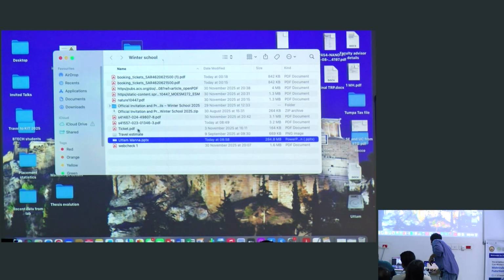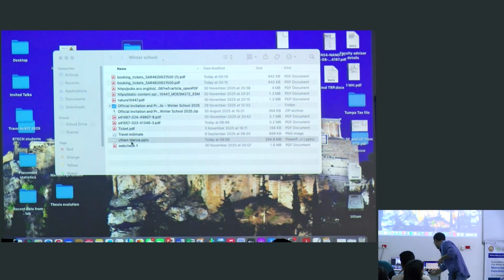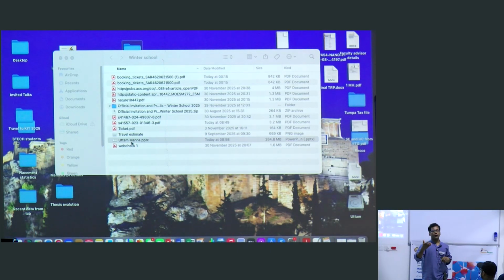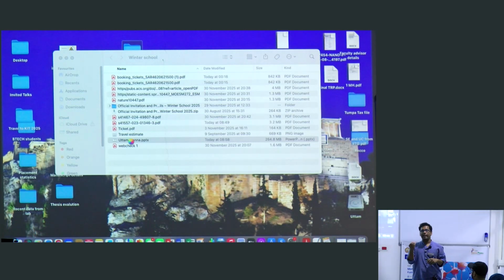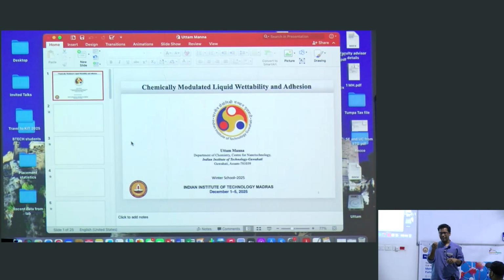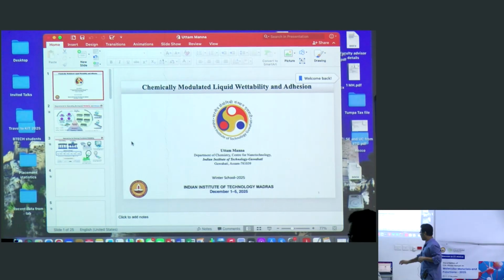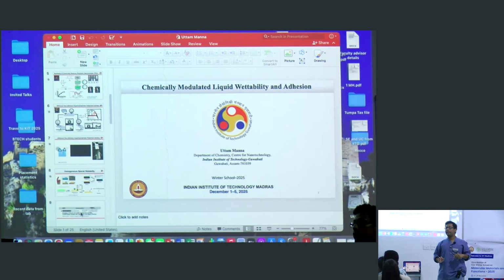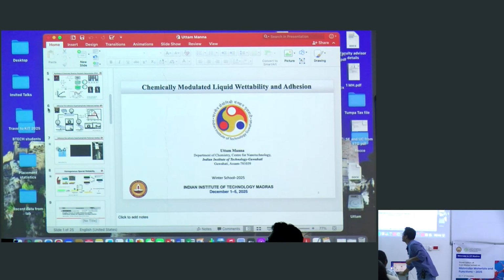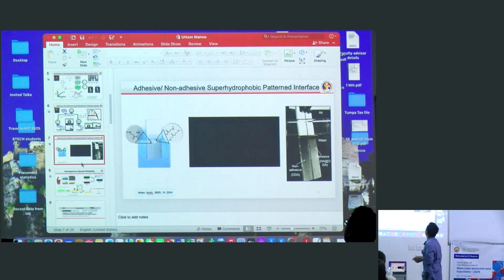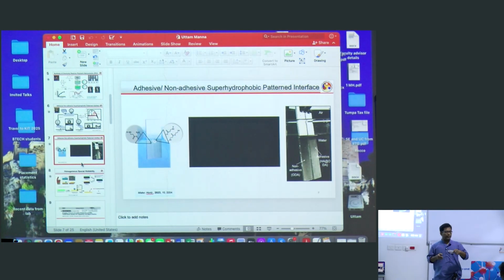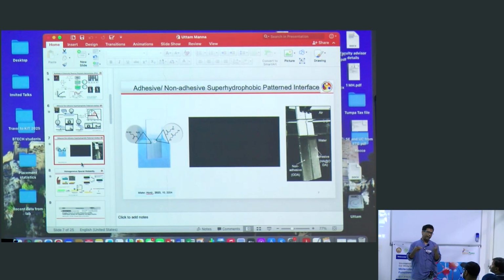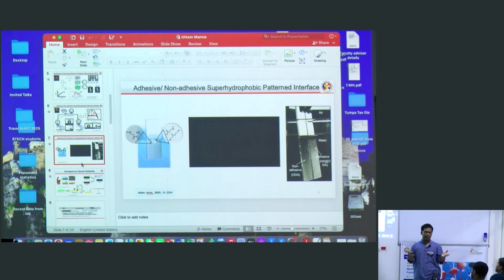But when you have some control over this trapped air, suppose I can control it to a lesser amount, then this internal reflection will be less, right? And because of that, it looks less shiny. But if you take them out from this aqueous phase, they are dry interfaces.